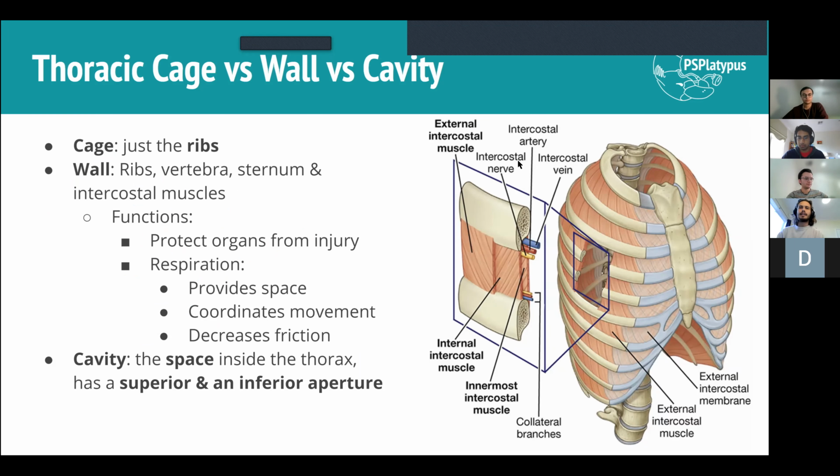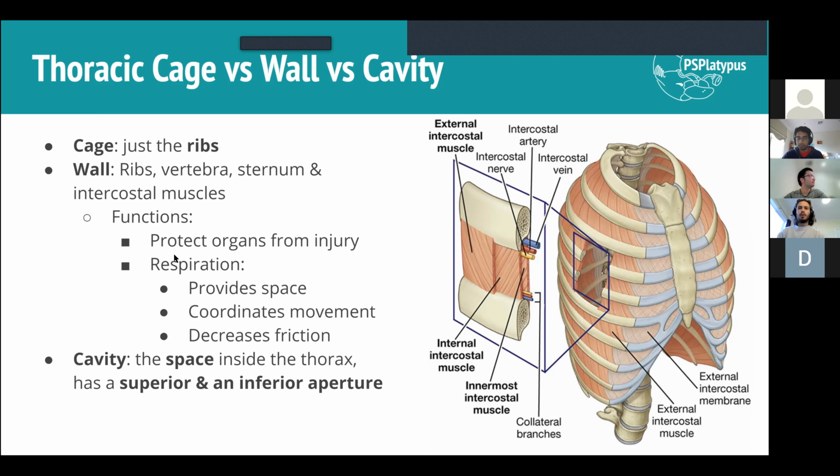That includes the ribs, the vertebrae, which is the spinal column back there, the sternum, which is this bone up the front here, and the intercostal muscles. Inter meaning between, costal referring to the ribs. So the muscles that run between the ribs that enable the expansion and contraction of the thorax.